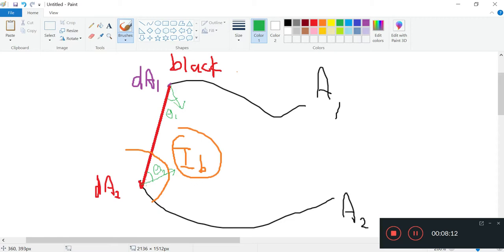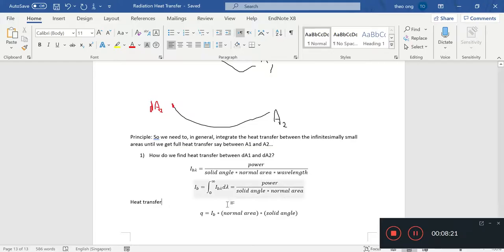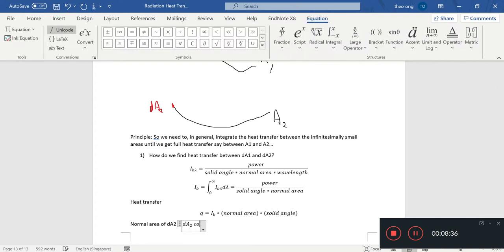What is the normal area facing from dA2 to dA1? So this is the area dA2. The normal area of dA2 is dA2 cosine theta 2.